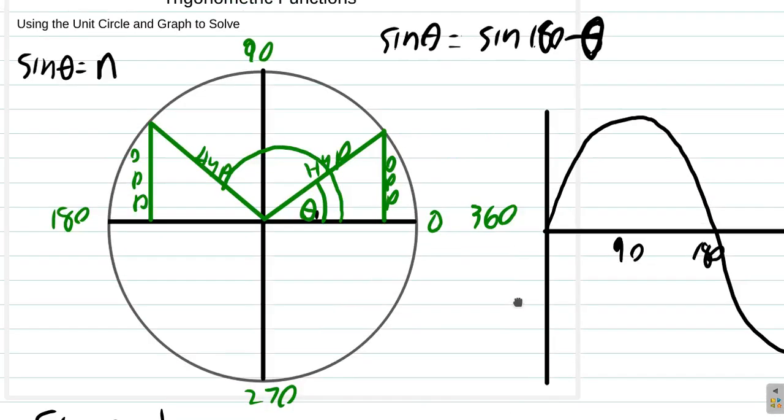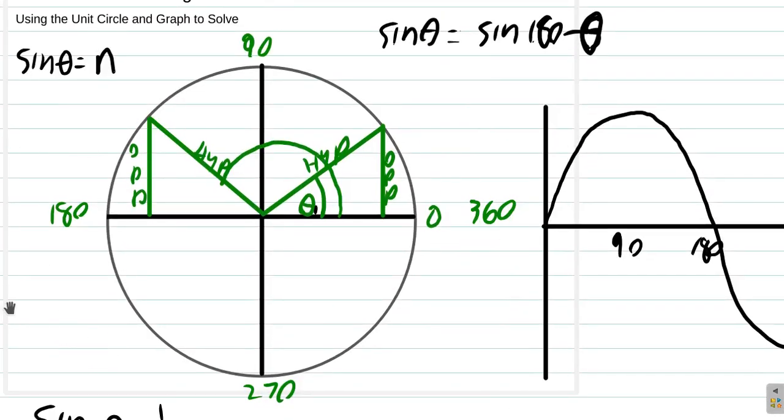In fact, the same argument can be made if you go 360 and go 360 again. That is 720, and then 30 more. Find the sine of it, you're going to get half.